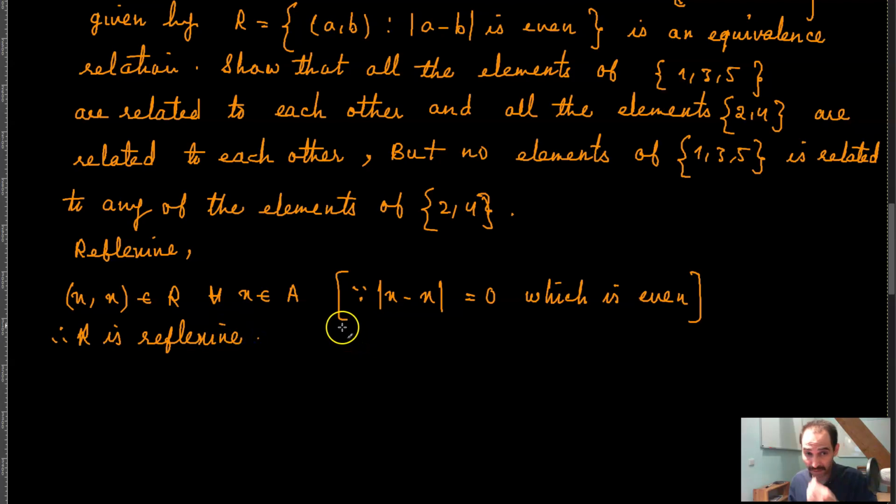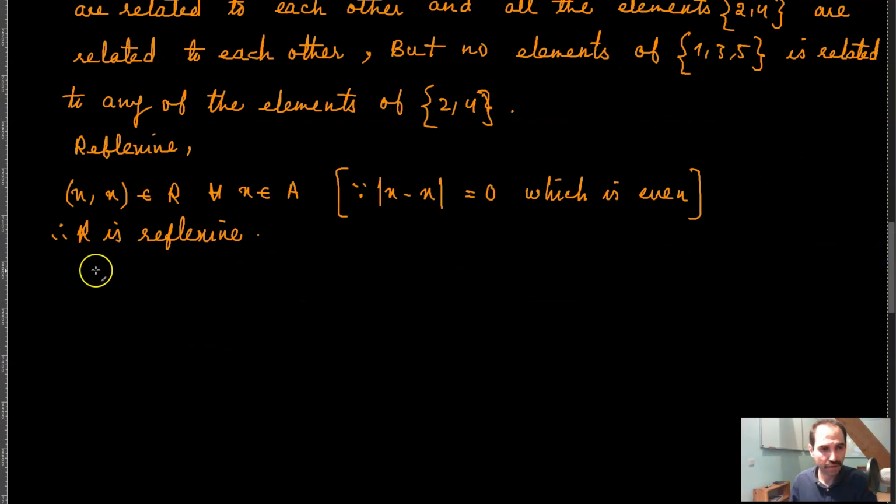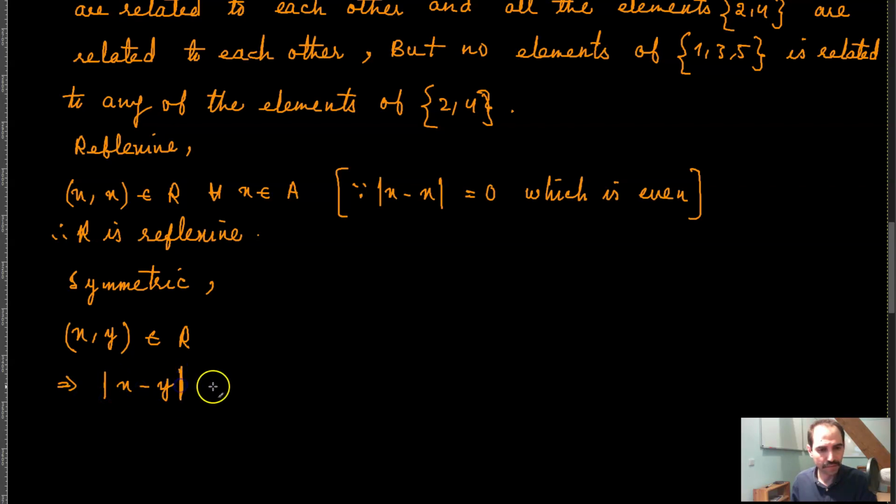R is reflexive. Moreover, to show that R is symmetric, let's assume that some (x, y) belongs to R. That implies that the absolute value of x minus y is even.